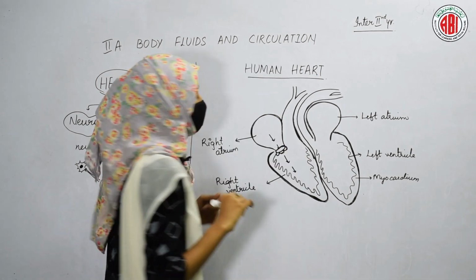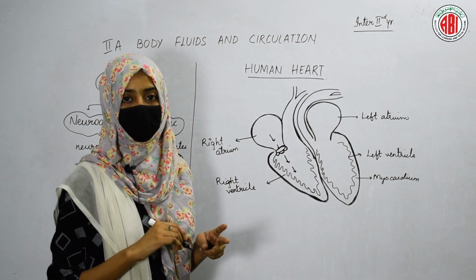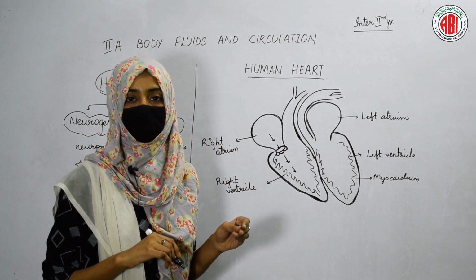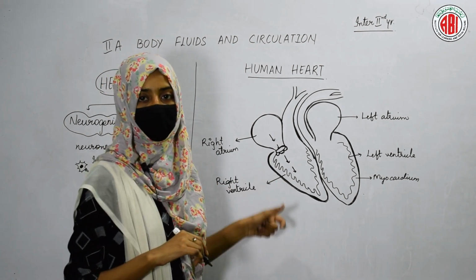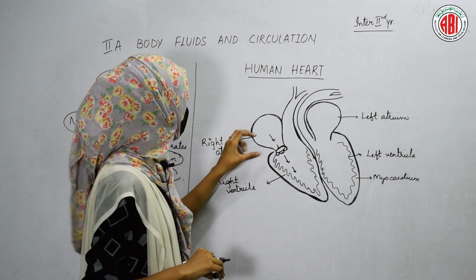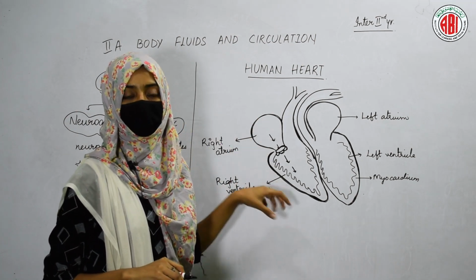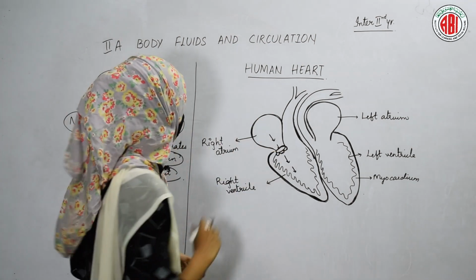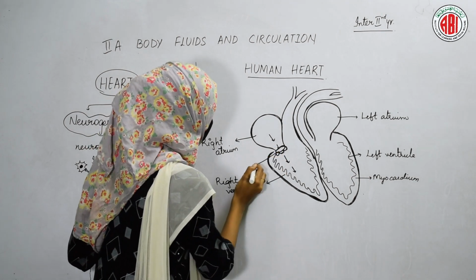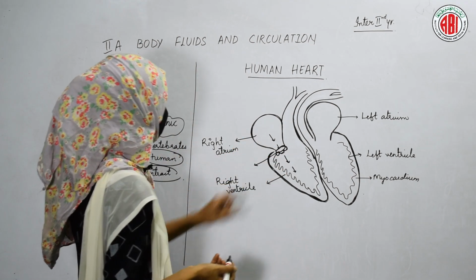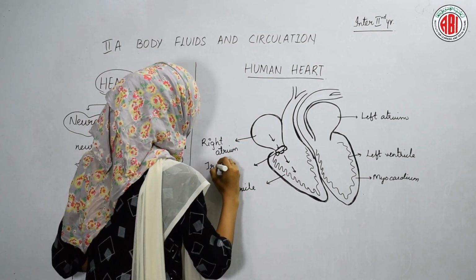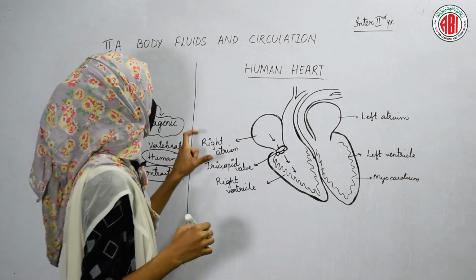These three doors allow the blood to flow only in one direction. Once the blood reaches the ventricle, it shuts and does not allow the blood to flow back into the atrium, and we call this opening between the atrium and ventricle the tricuspid valve.